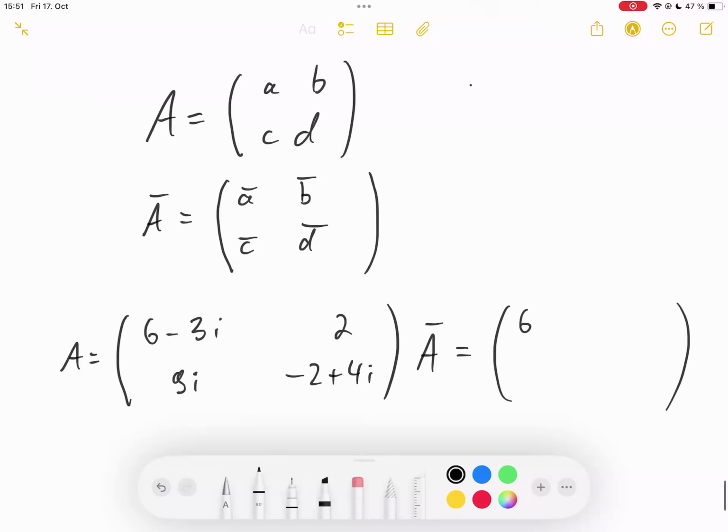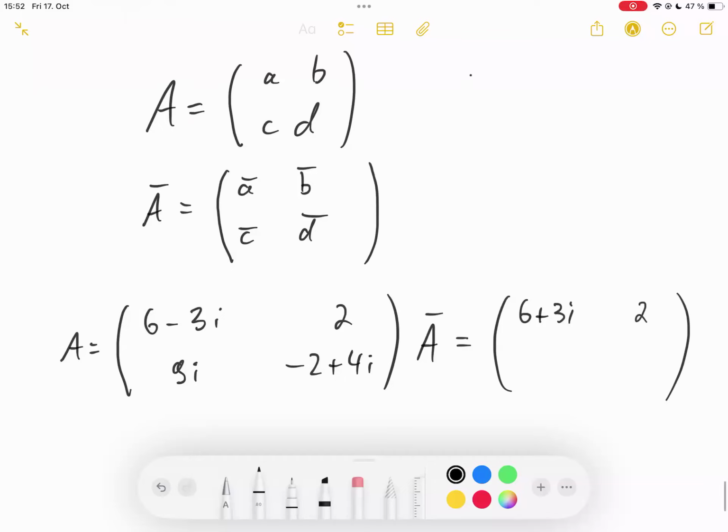Well, the first entry is 6 plus 3i, because minus 3i becomes plus 3i. The second entry doesn't change because it only has a real part. The third entry only has an imaginary part, 9i, which becomes minus 9i. The last one is minus 2 minus 4i. So fairly straightforward.